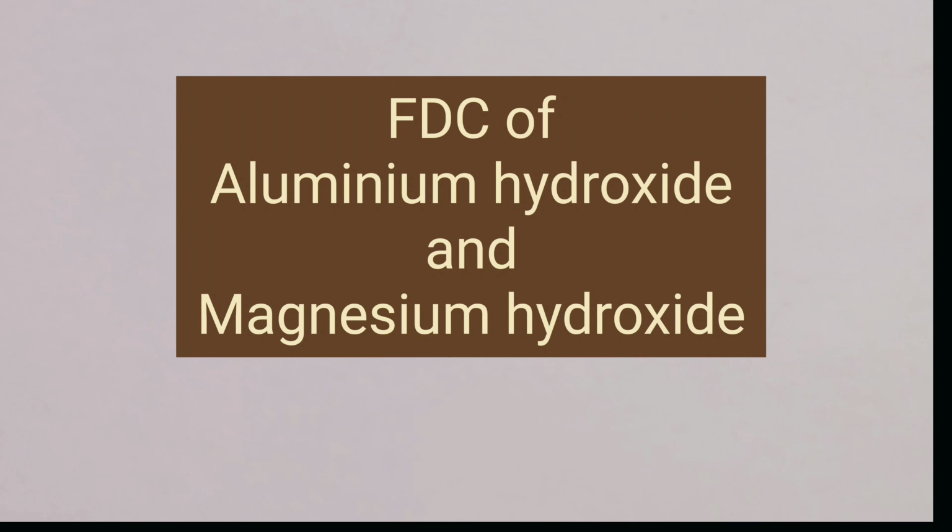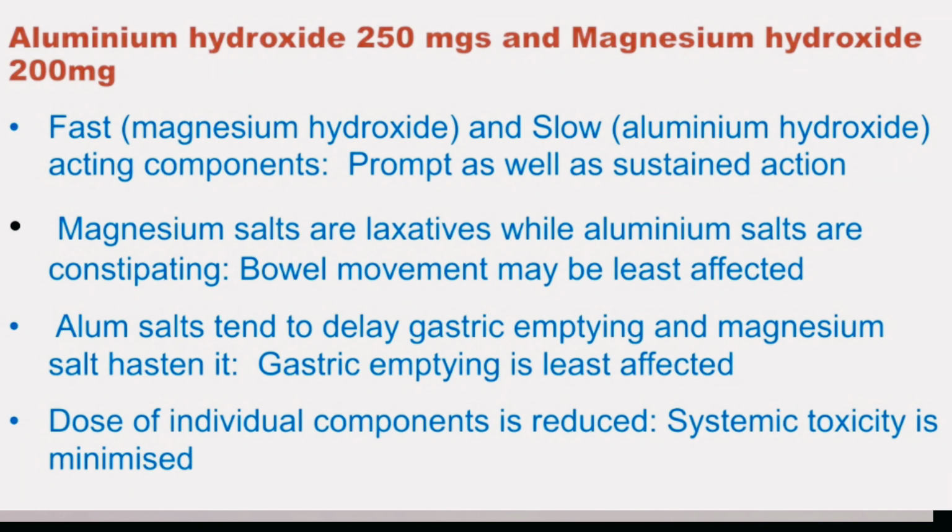Therefore, levodopa and carbidopa is a rational drug combination. Next, fixed dose combination of aluminum hydroxide and magnesium hydroxide. Aluminum hydroxide and magnesium hydroxide are orally prescribed antacids. The rationale behind the combination is magnesium hydroxide is fast acting while aluminum hydroxide is slow acting. Magnesium hydroxide has laxative action while aluminum hydroxide has constipating action.